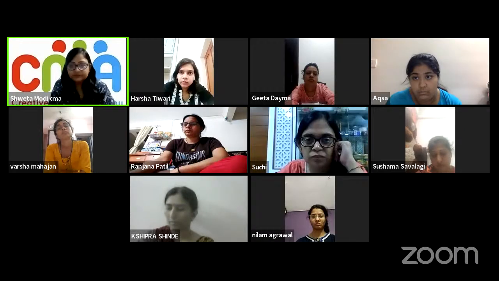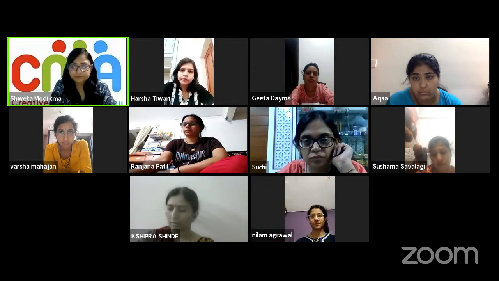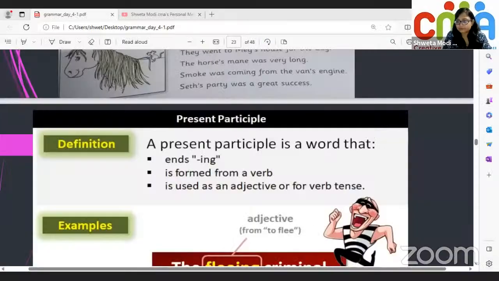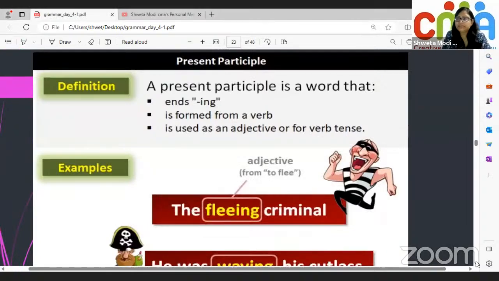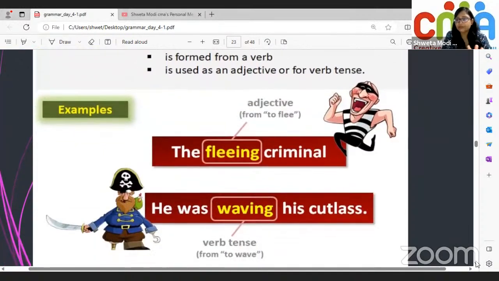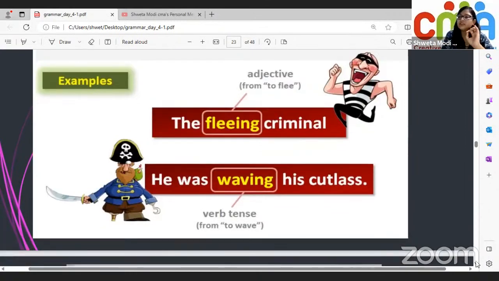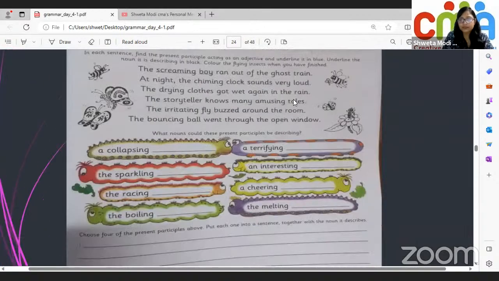So here, when you see the fleeing criminal, okay, the adjective, because it's telling you about the criminal. But in the second sentence, it is, he was waving. That means he was doing what? He was doing an action, and the action is waving. So here it is past continuous. Okay.